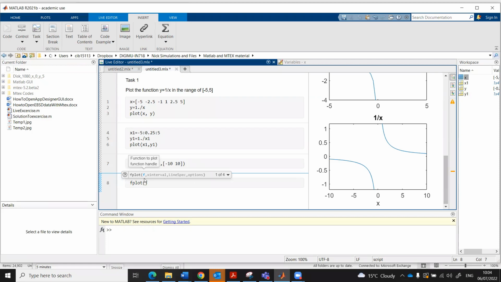So the main difference between fplot, which we are going to make now, and all the previous ones is that previously we always first had the array of x's, and after that we were making the operation of making array of y's.